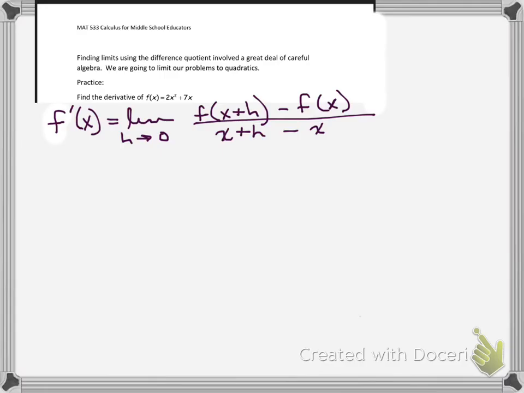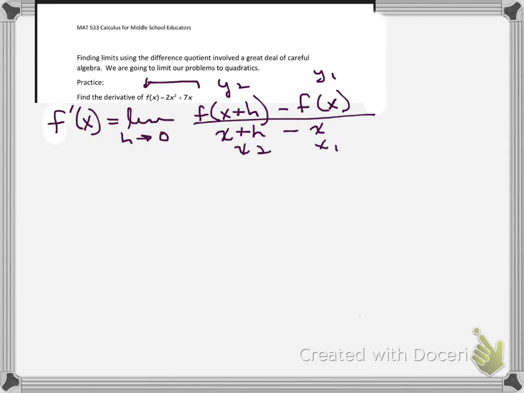All right, so we're going to practice with this quadratic function right here. f of x equals 2x squared plus 7x. I want to find f prime of x, which is the instantaneous rate of change. Here is the expression that I need to keep in mind. f prime of x equals the limit as h goes to 0 of y2 minus y1 over x2 minus x1.